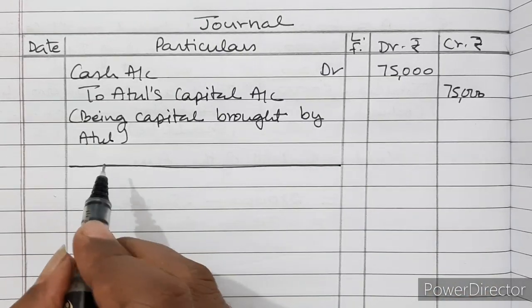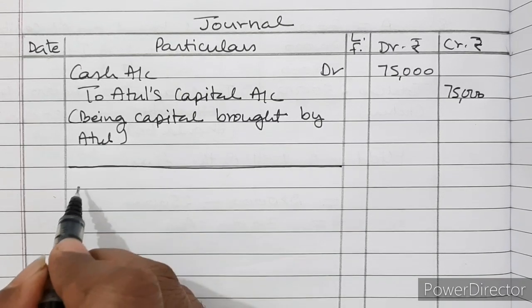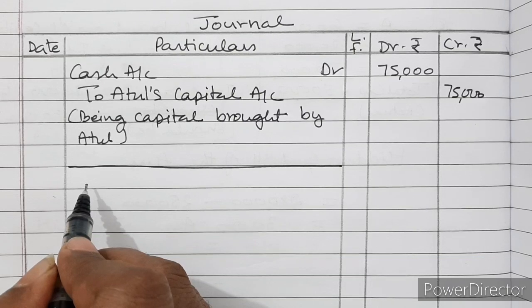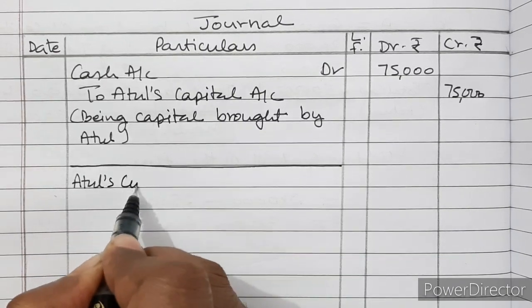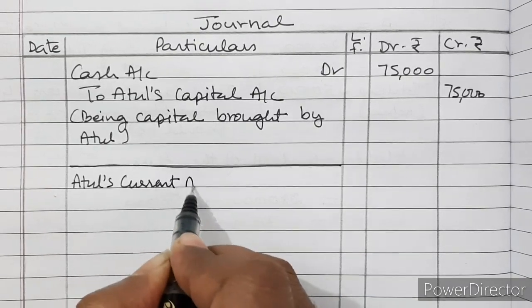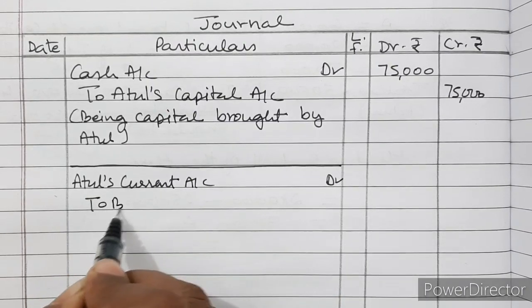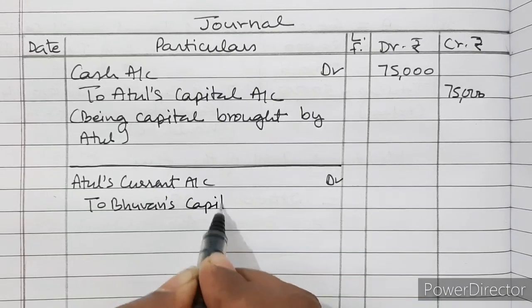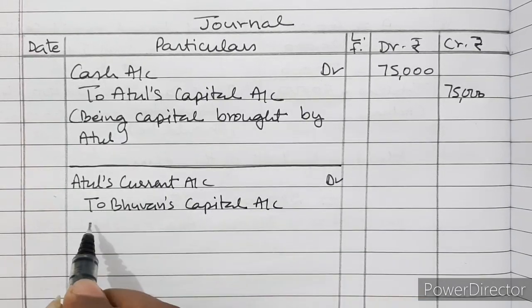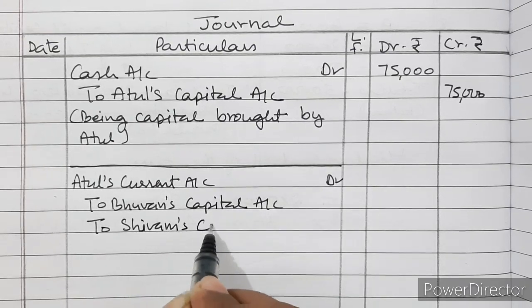Now, Atul's portion of goodwill is to be paid to old partners in their sacrificing ratio. So, we will maintain Atul's current account. Atul's current account debited to Bhuvan's capital account and to Shivam's capital account.